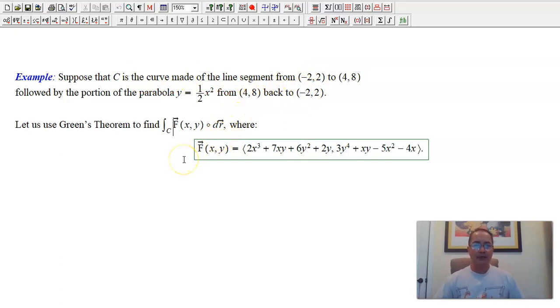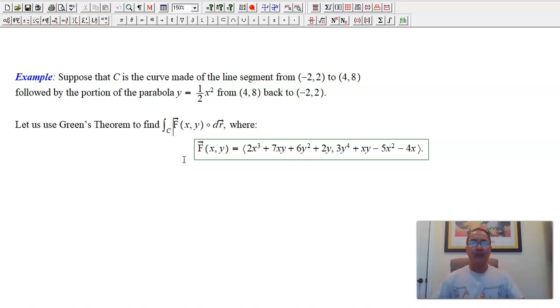Green's theorem is valid only if it's positively oriented. So what if it were negatively oriented? Well, good news. All you have to do is reverse the sign. Get the answer using a positive orientation, and then just change the sign of that answer.